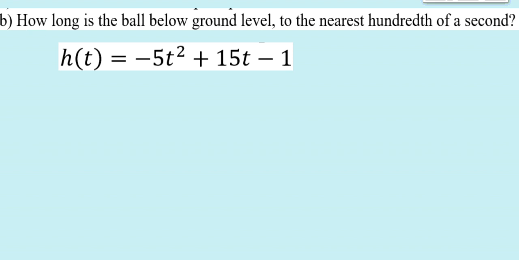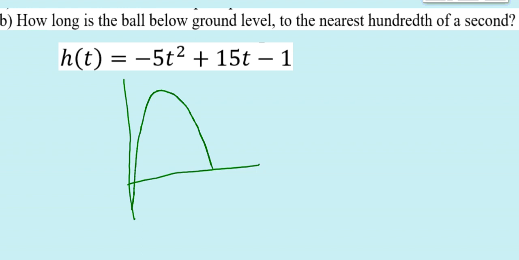How long is the ball below ground level to the nearest hundredth of a second? Think about the situation in this question. We have the golf ball being hit up out of a hole in the ground, effectively a hole down a meter, and then up in the air until it hits the ground.